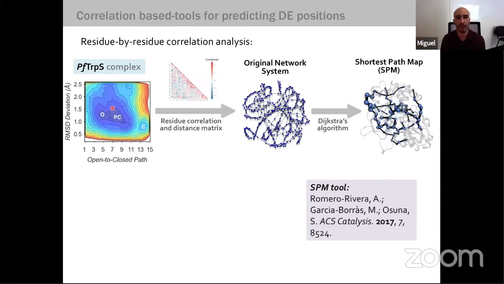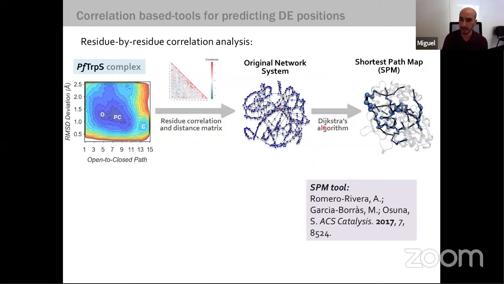I cannot go into the detail of the workflow of this analysis, but basically the idea is that we collect the trajectory of the allosteric system, that is a complex that, in this case, samples the whole transition of the COM domain, and we analyze the trajectory in order to get the residue correlation and distance matrix of every pair of residues, which is used to construct the network.